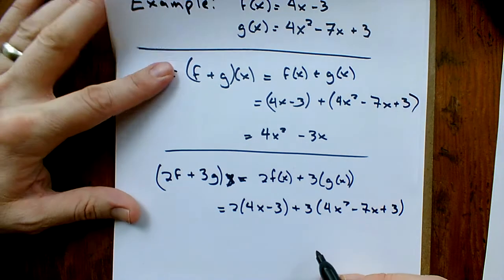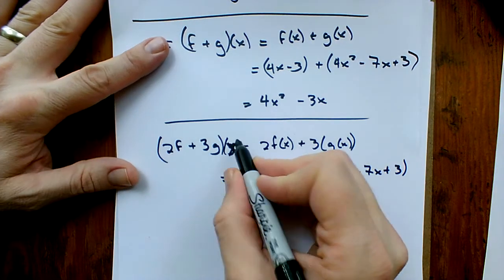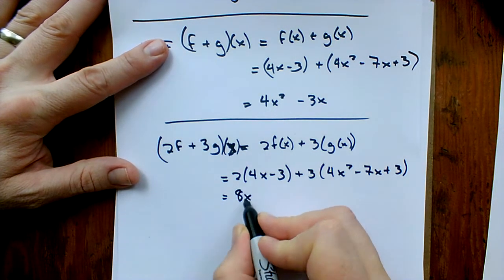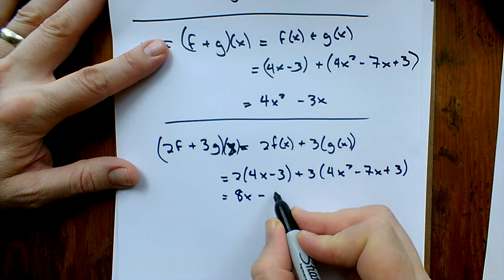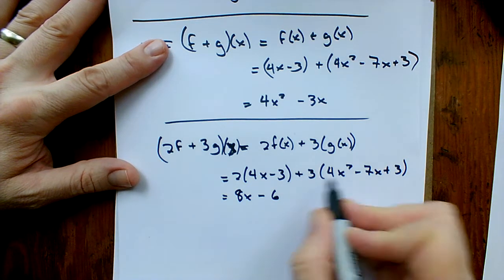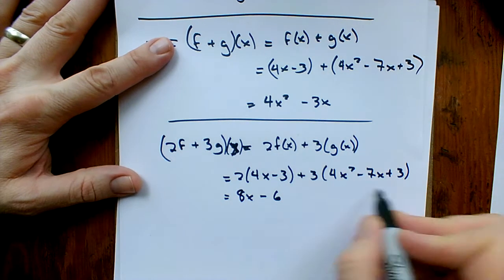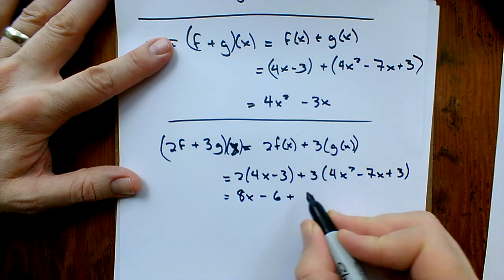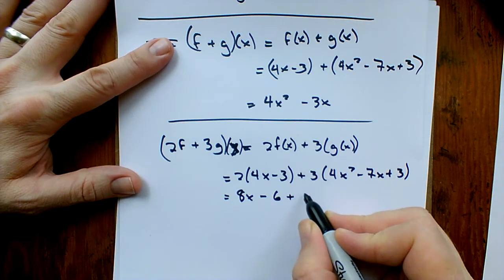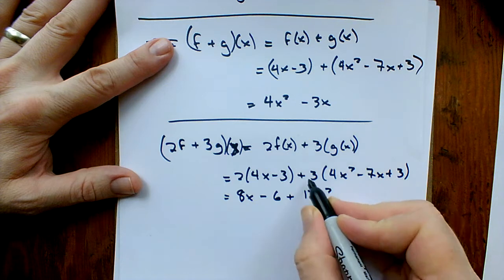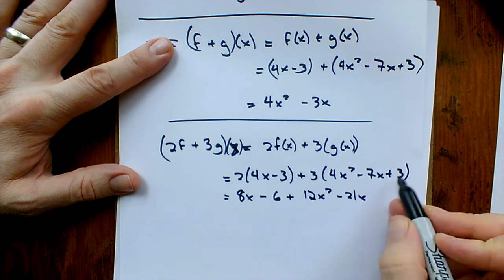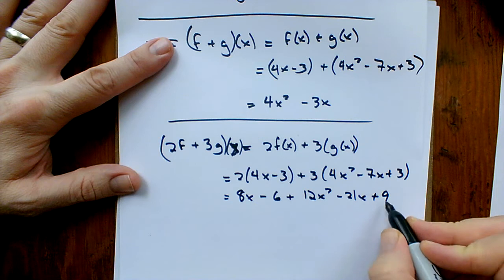And now when I do this, I'll end up with 2 times 4x is 8x. 2 times minus 3 is going to be minus 6. I'll move on to my second kind of larger term here, and I'll distribute this 3. So 3 times 4x squared is going to be 12x squared. 3 times minus 7x is going to be minus 21x. And then 3 times 3 is plus 9.